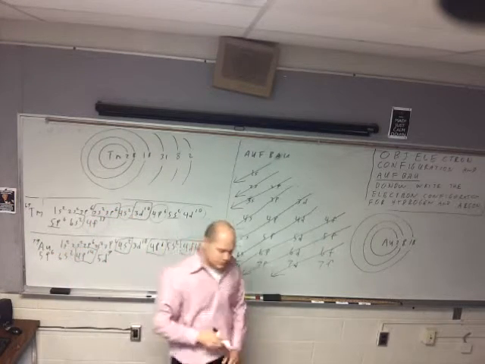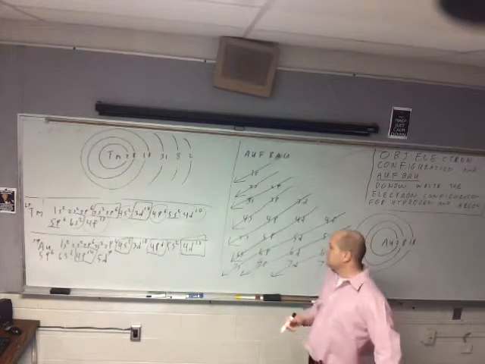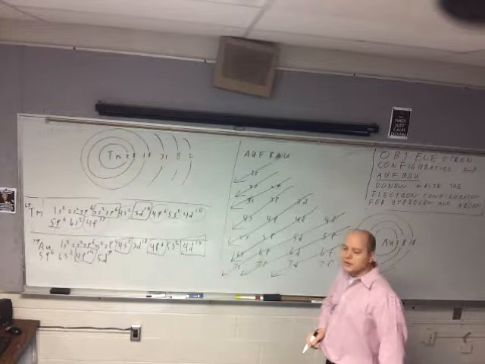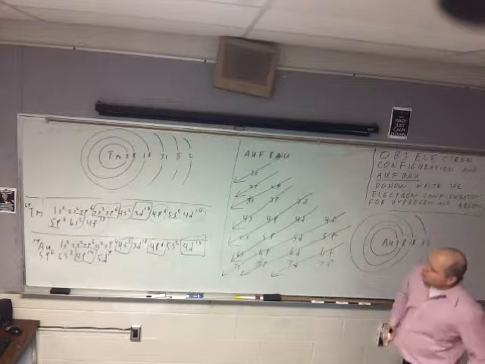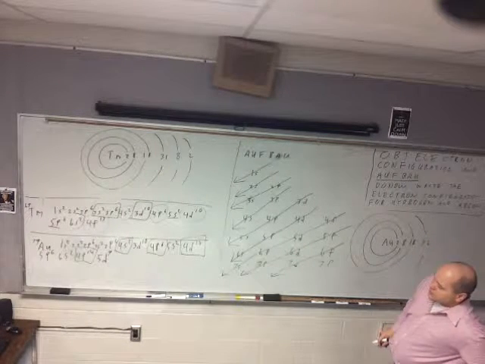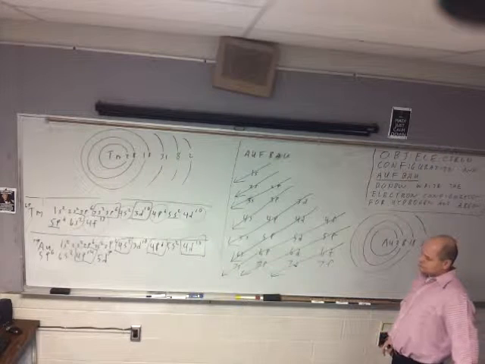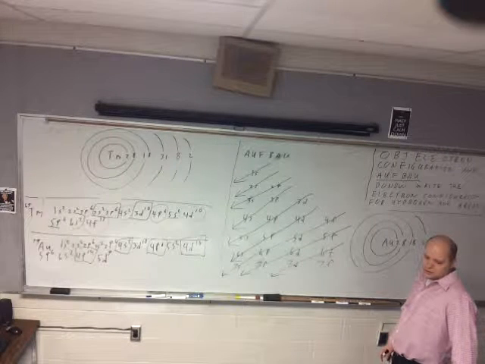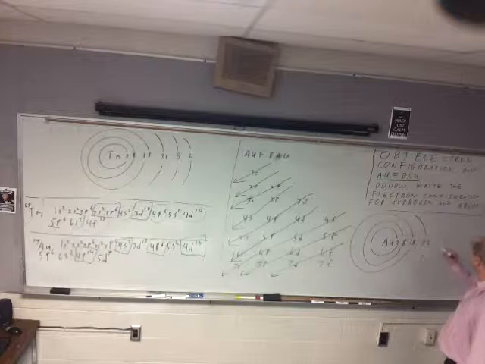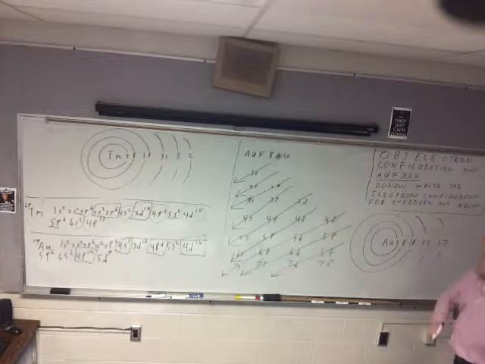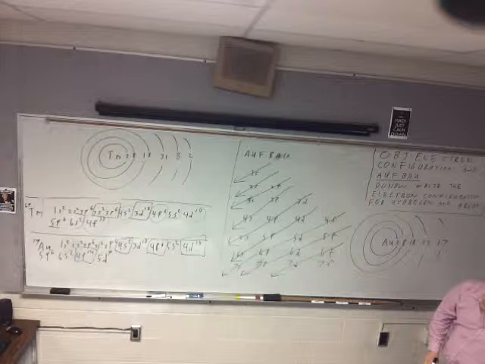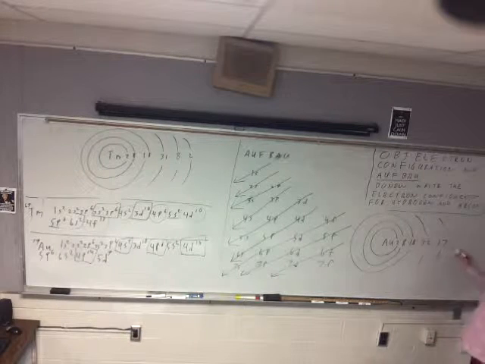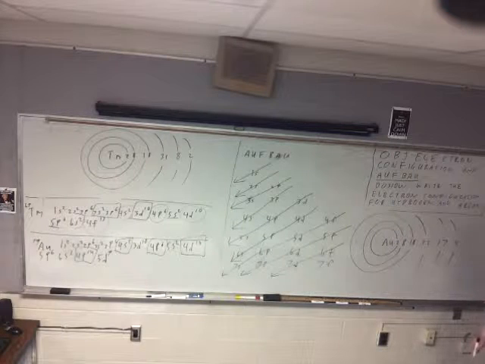What does that add up to? 2 plus 6 is 8, plus 10 is 18, plus 14, 32, which is the most you can ever see in any shell. 5s2, 5p6, and 5d9. So 2 plus 6 plus 9, what's that? 17 in the fifth shell. Sixth shell is 6s. Is that it? Yeah, I think that's it. Just 2, right? There you go. And that's the drawing.